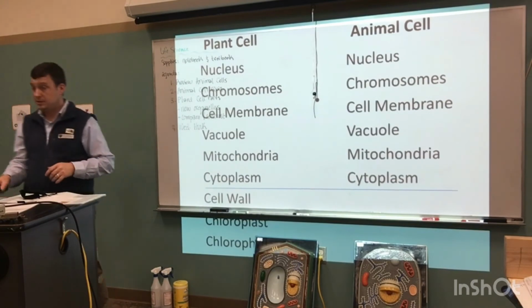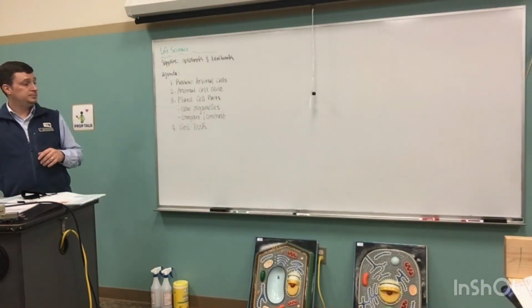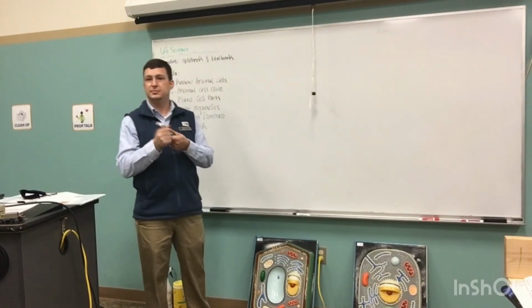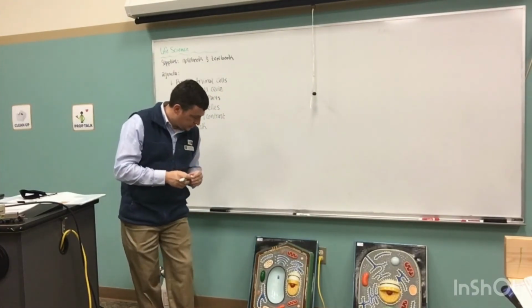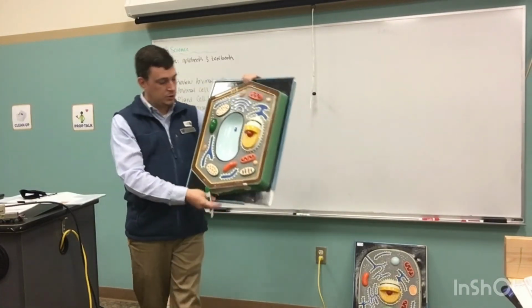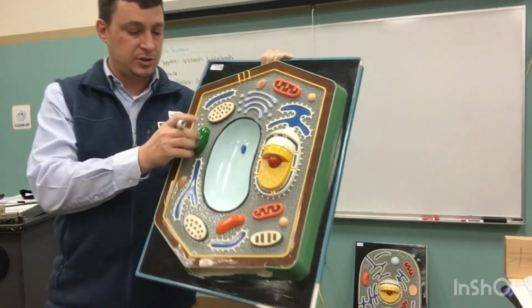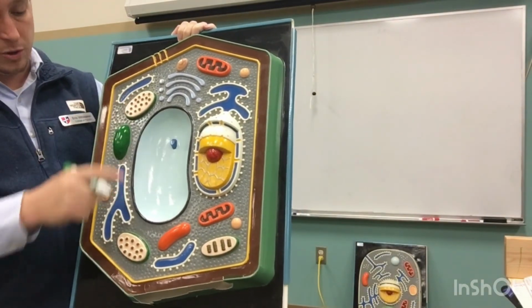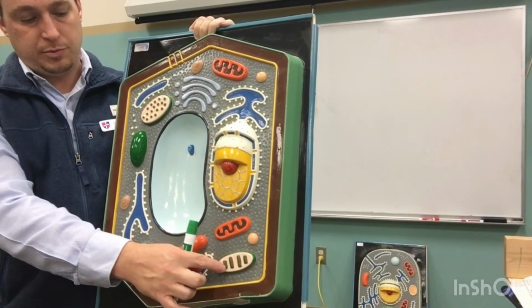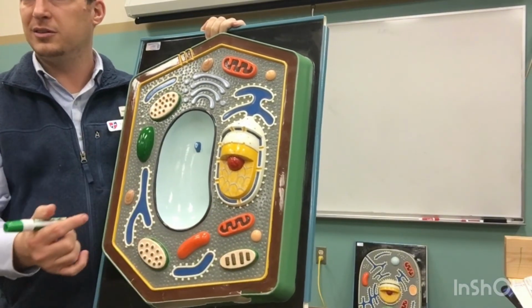All right. Yes, Davis? The thing at the bottom right of this model, is that just another chloroplast cut open? Oh, down here? Yes, this is a chloroplast that's not cut open, and we have multiple ones that are cut open. And notice the ones that are cut open, it looks like green pancakes stacked on top of each other, doesn't it?